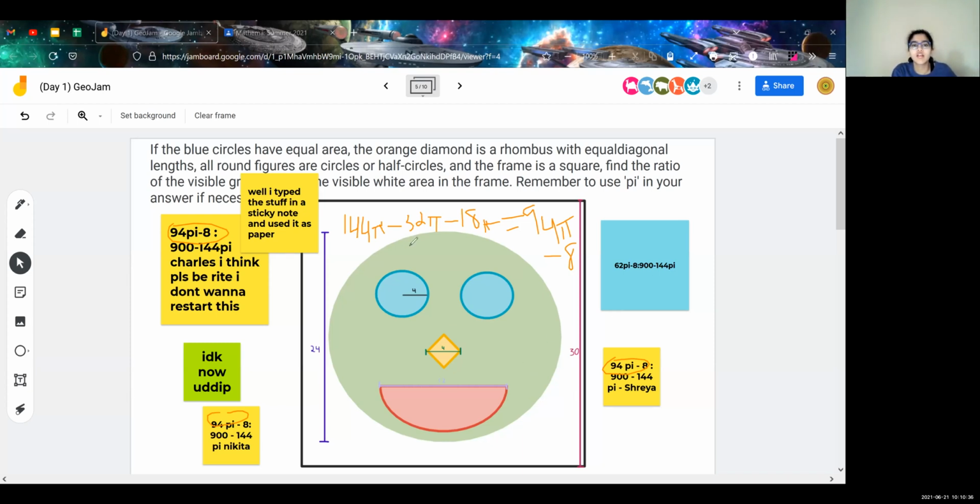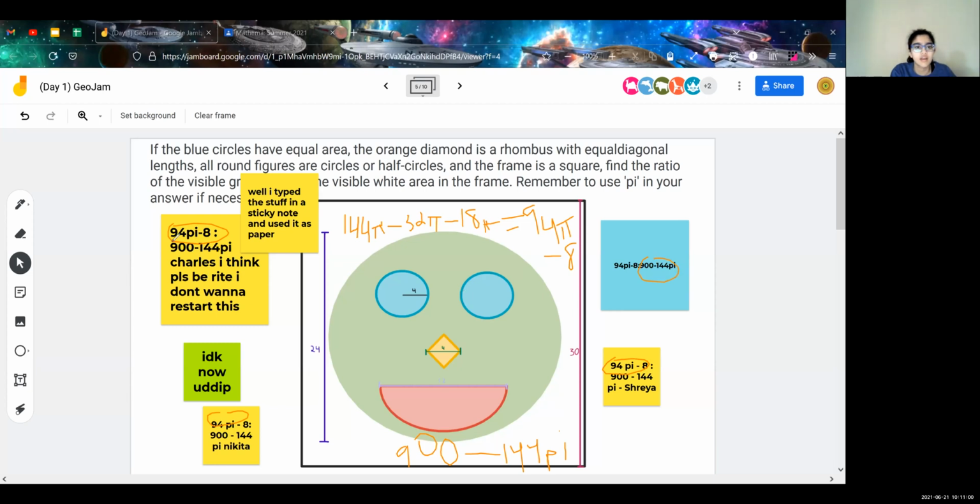The area of the green circle, as we found, would have been 144 pi, with nothing on top of it. The area of this whole square would be 30 squared, or 900, and then we subtract the 144 pi, and we get 900 minus 144 pi, which is what I see in most answers for the second part.